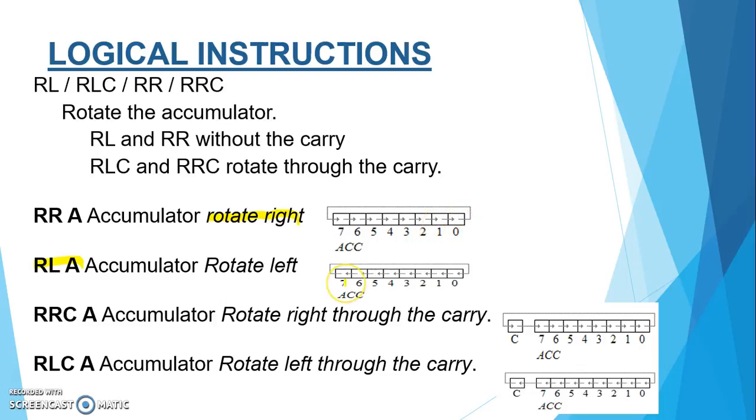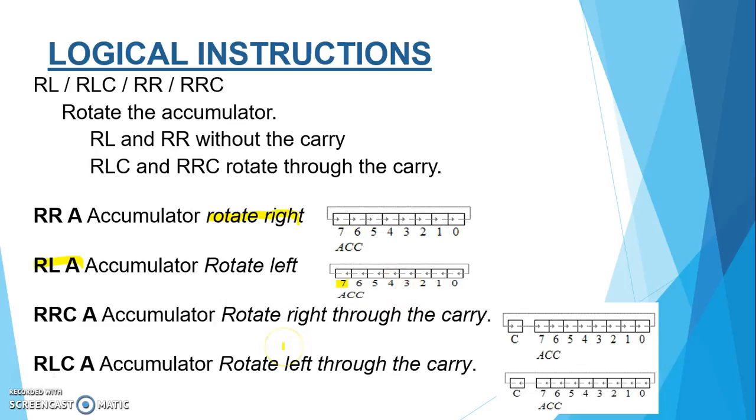Now when it is rotate towards left, the difference is that the D7 bit, which is here, gets shifted to D0. D0 bit gets shifted to D1 and so on.